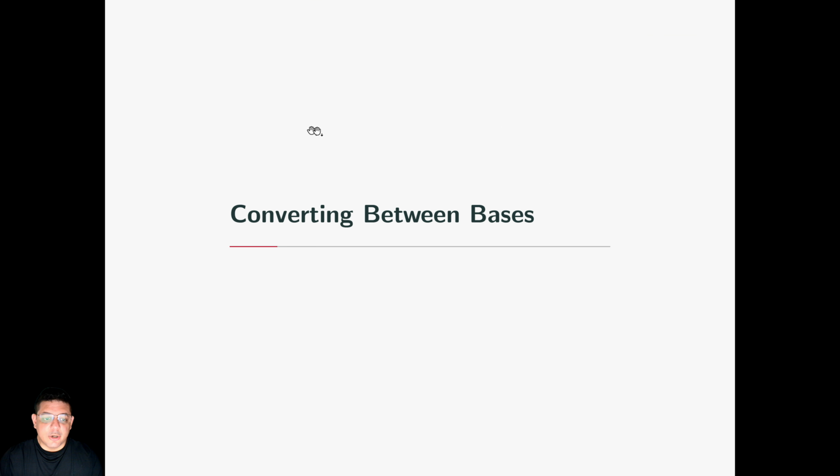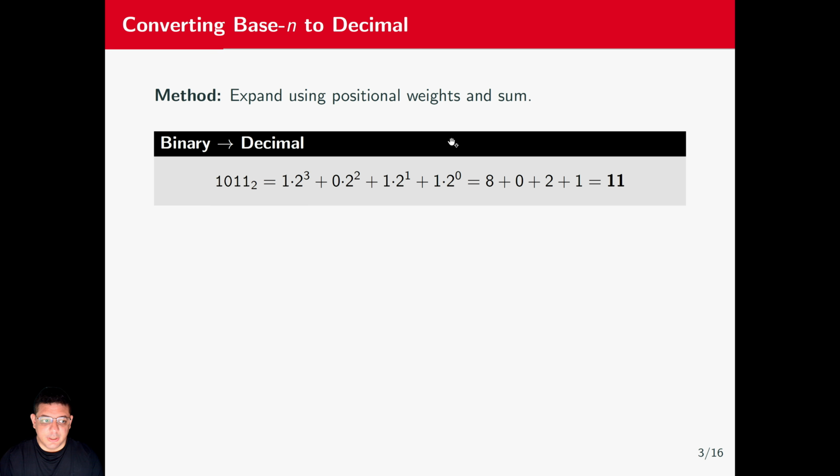Now, let's talk about converting between bases. The method for converting base n to decimal will be using the positional weight and doing the sum. For example, if we're transforming a number in binary to decimal, we pick each of the digits, check the positions they are in, and multiply by the base raised to that position, and that gives us the value in decimal. Here we have 1, 0, 1, 1 in binary.